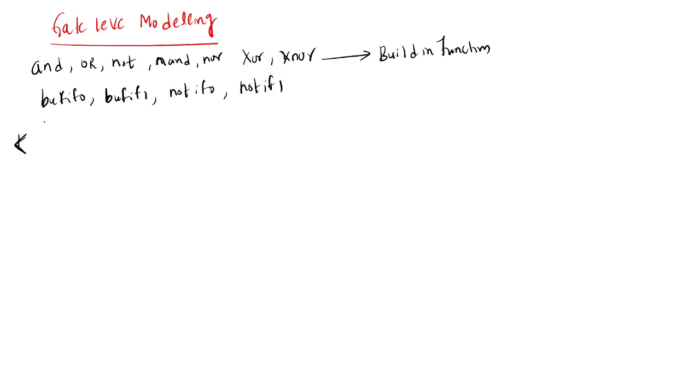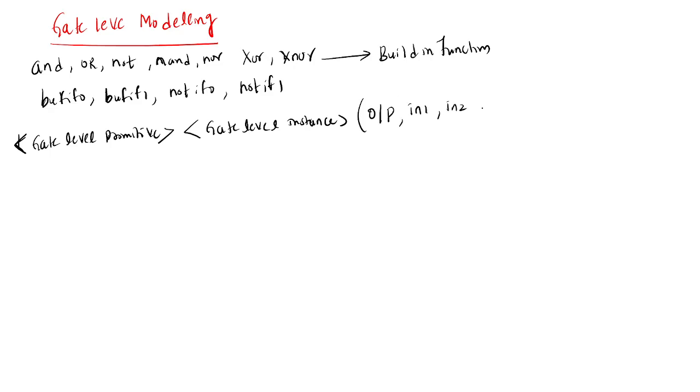You have a gate level primitive, and a gate level instance name, which is optional only, followed by the output and input 1, input 2, up to input n, like this. This is the basic syntax for gate level modeling.